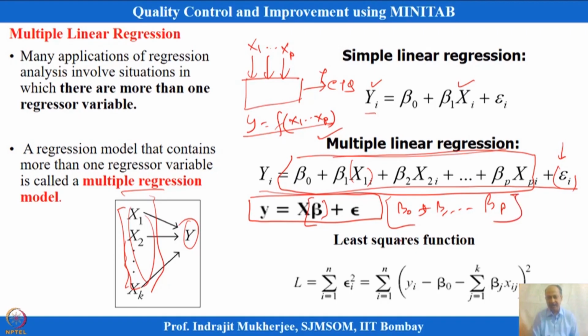This is the matrix that you see, and this beta can be estimated from these values of y and x. I will have y and multiple observations of x2 up to xp. These will have some values, let us say 2 over here, and this can have 1, -1, 4 or something like that. So, there will be different values.